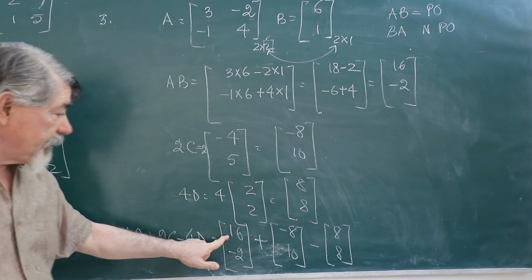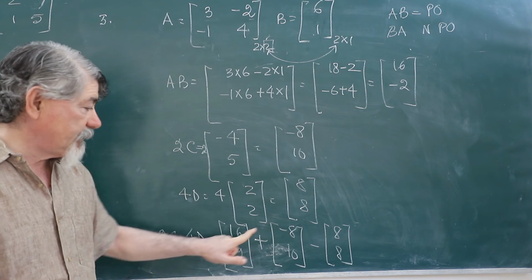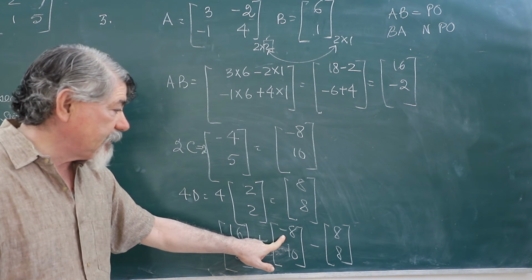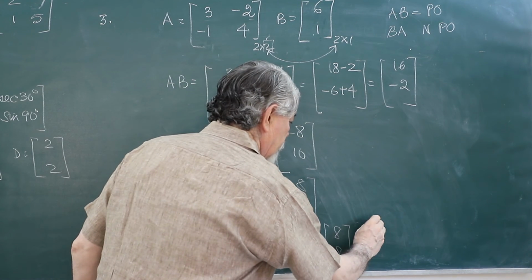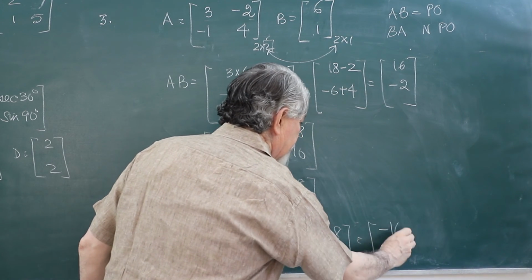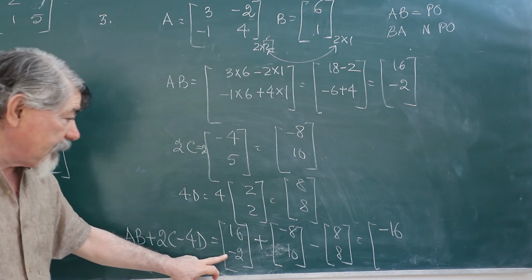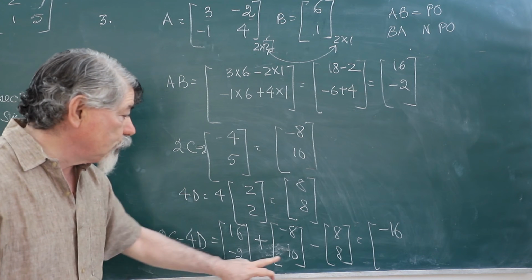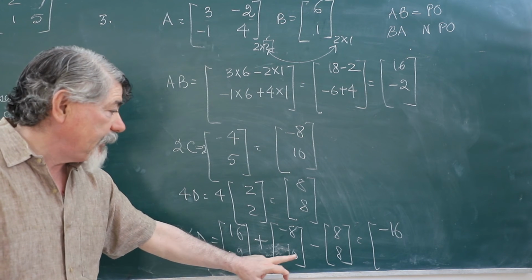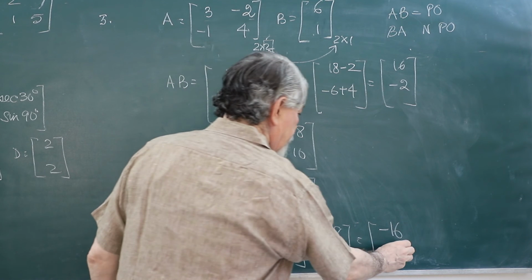Now 16 plus minus 8, 16 minus 8 will be minus 8, and minus 8 will be minus 16. Here it is minus 2 plus 10, which is 8. 8 minus 8 is 0.